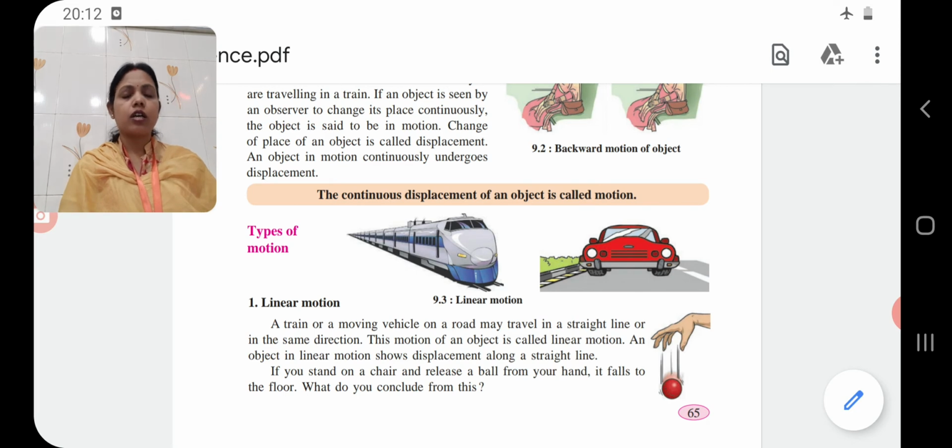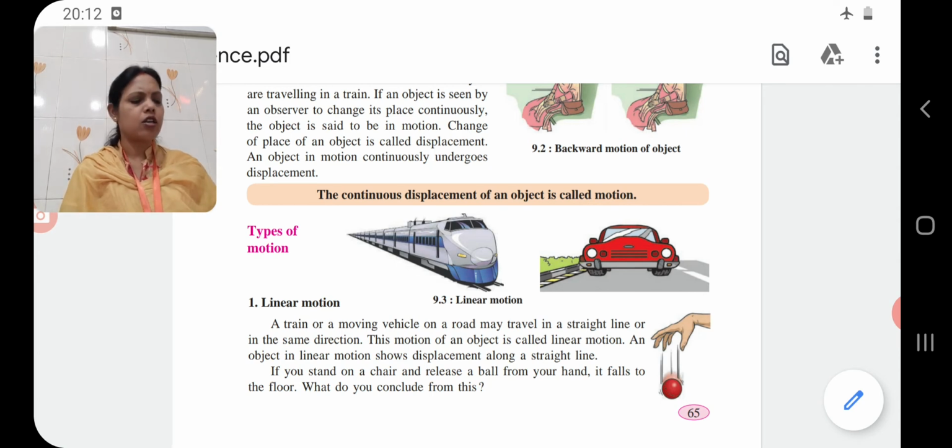Next one. So children, here I told you the vehicle which moves in a straight line, that is called linear motion. Second example, if you stand on a chair and release a ball from your hand, it falls on the floor.